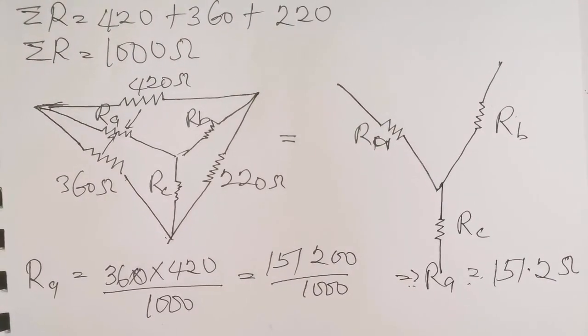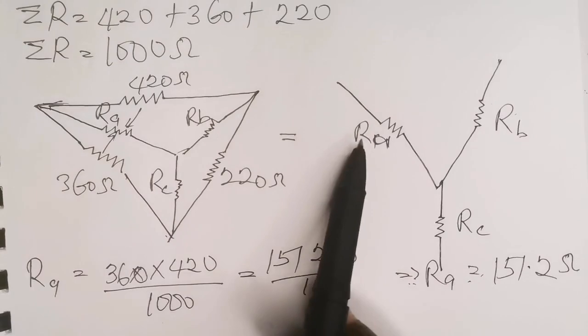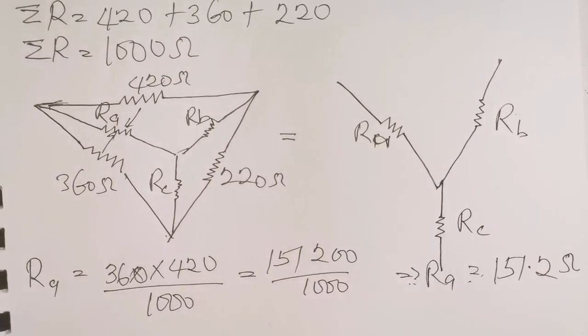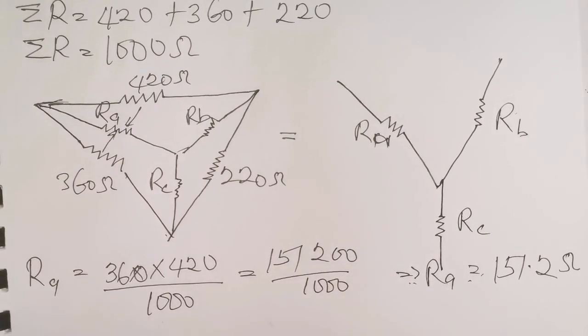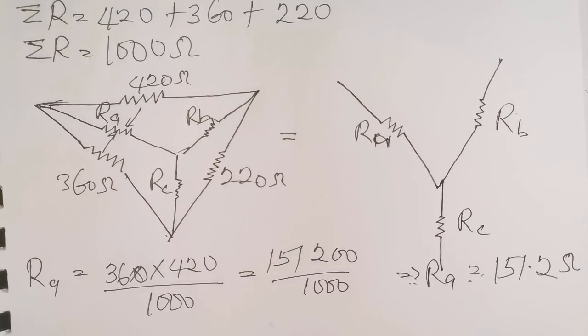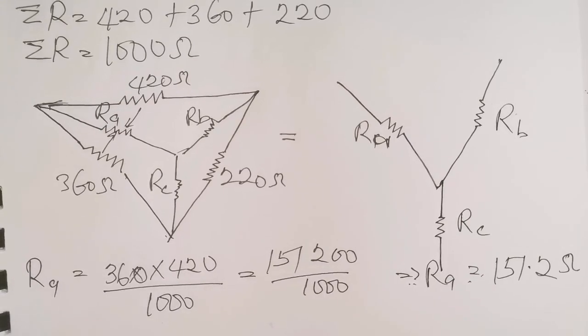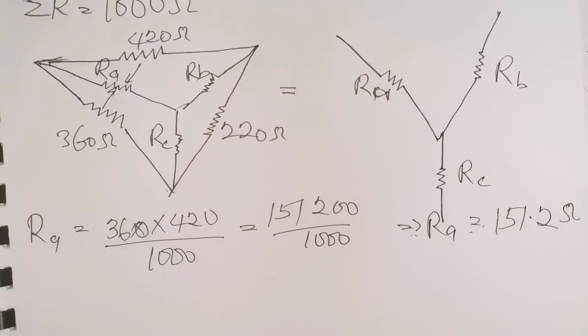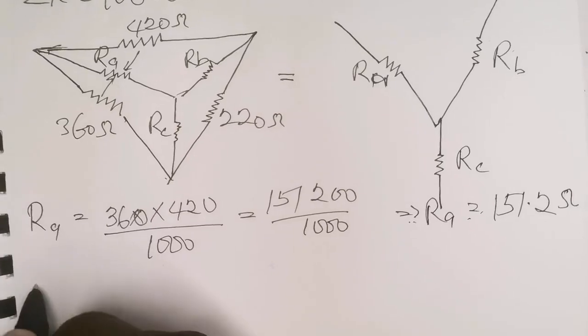That means we have been able to find the first part of the star network, RA. So you identify the resistors between which the unknown star resistor lies, find the product of these two resistors and divide it by the summation. That's all you're doing. Now we want to find the next, which is RB.